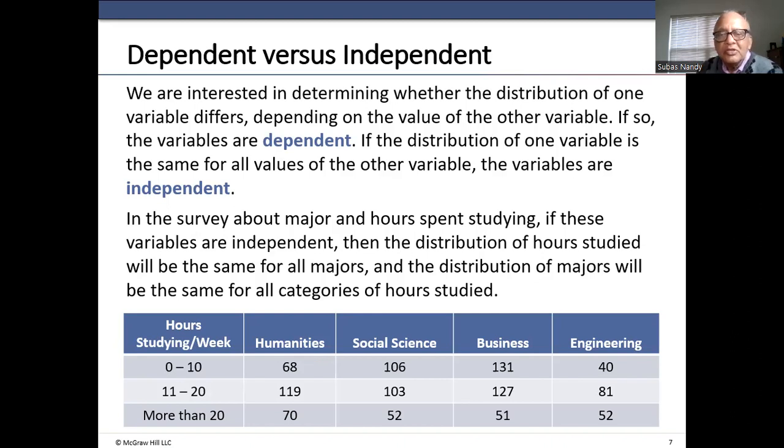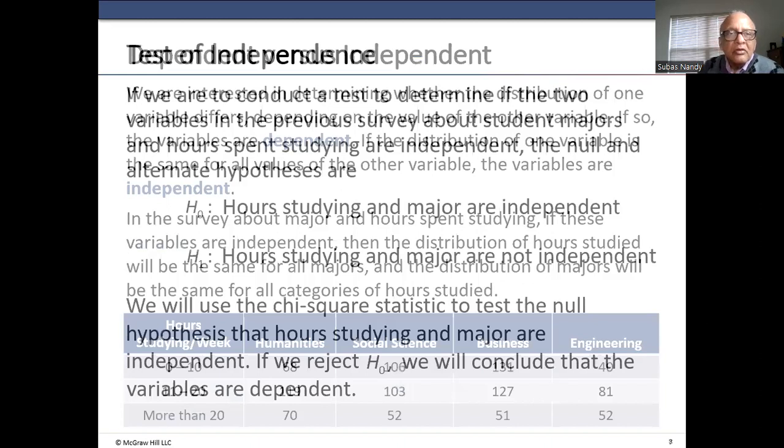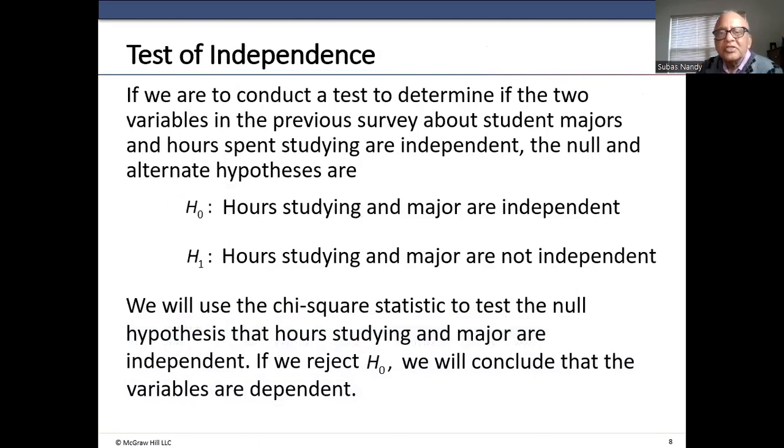In the survey about majors and hours spent studying, if these variables are independent, then the distribution of hours studied will be the same for all the majors, and the distribution of majors will be the same for all categories of hours studied. If we conduct a test to determine if the two variables are independent, the null and alternate hypotheses are: the null hypothesis, hours studying and major are independent; the alternate, hours studying and major are not independent.